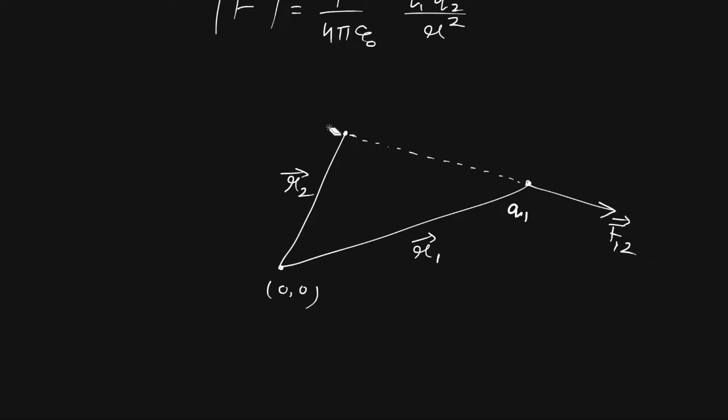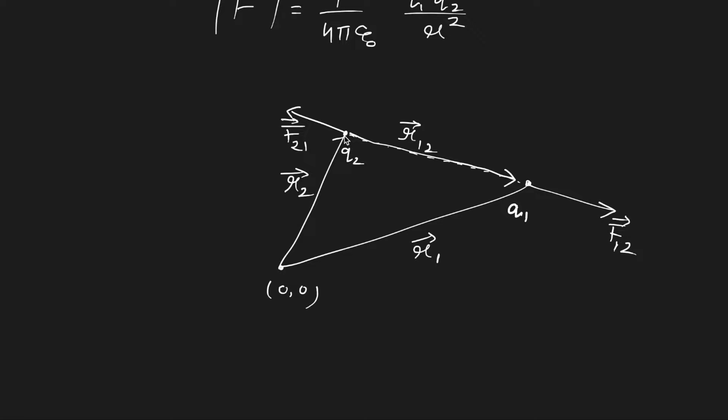And similarly, q1 also applies a force on q2, which we name f21. And what is the direction? This is the r12 vector, this is the r2 vector, and this is the r1 vector.